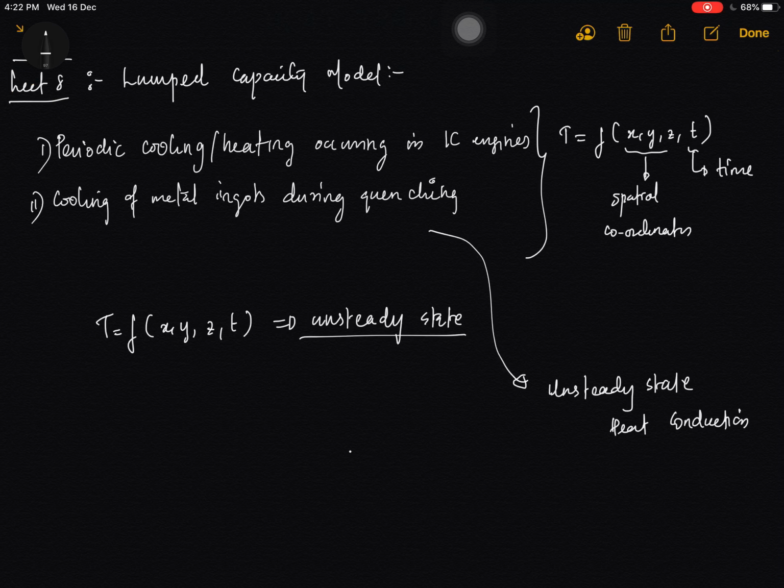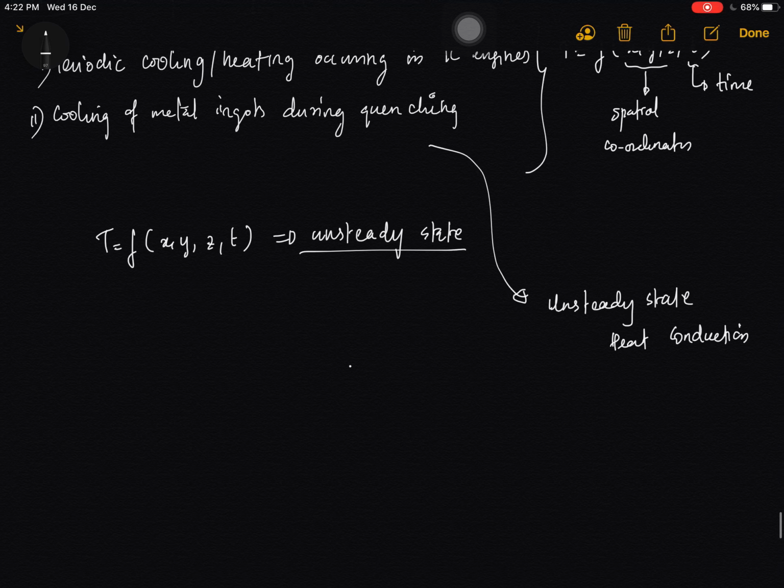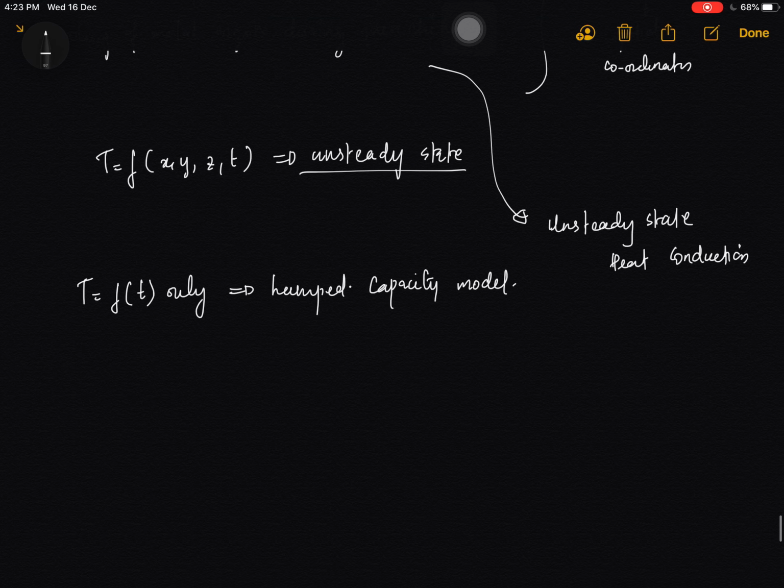Since this depends on spatial location and time, the solution procedure is very cumbersome, so we have to minimize the difficulty. For that, we consider temperature as a function of time alone, and this simplified form is called the lumped capacity model.